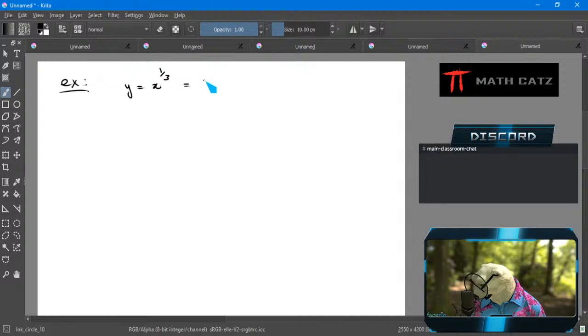I can write it as x to the 1/3 or cube root of x, of course, and you should see that this is defined everywhere. It's defined for all x. It's not the square root. Cube root's defined everywhere. Cube root of anything you can find.